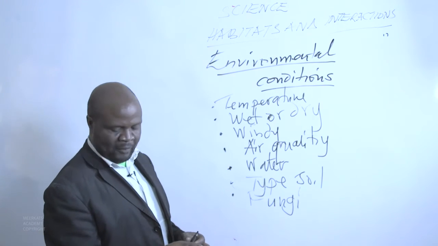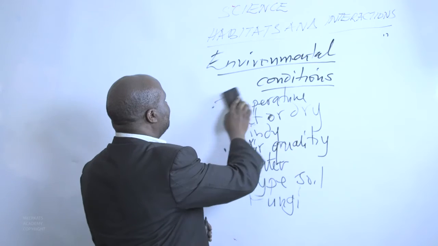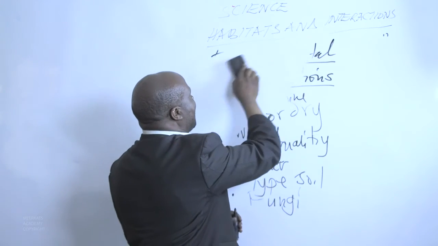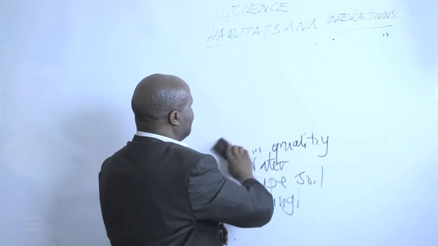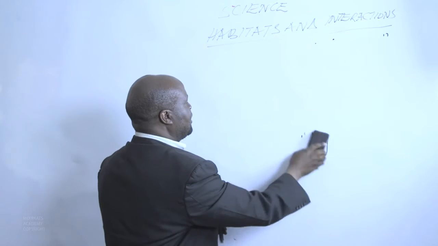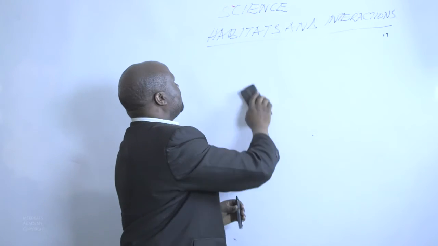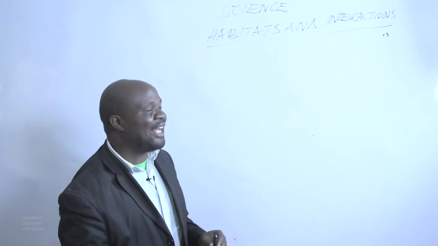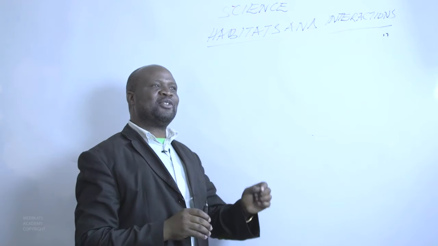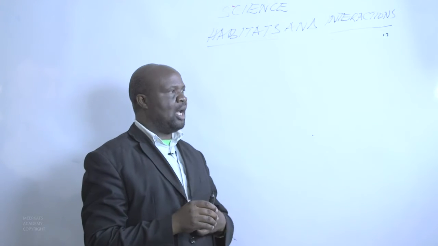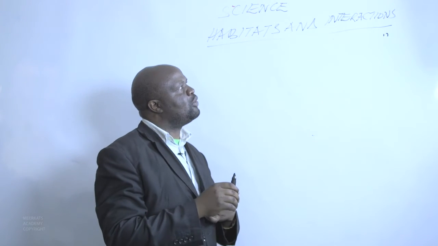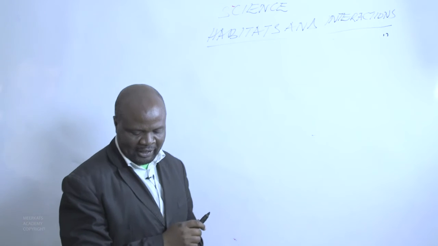When we talk of life, for an organism to be an organism, if it is not dead, then it's alive. We have areas that support the existence of life, and we have conditions that cannot support the existence of life.